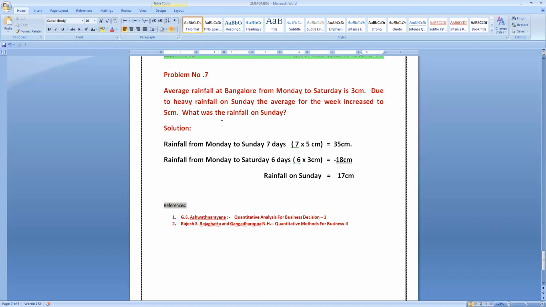If you consider only 6 days, it is 3 centimeters. 7 fives are 35 centimeters. From Monday to Saturday, 6 days, it is 6 into 3 centimeters, that is 18 centimeters. The difference of this is the rainfall that fell on Sunday, that is 17 centimeters.